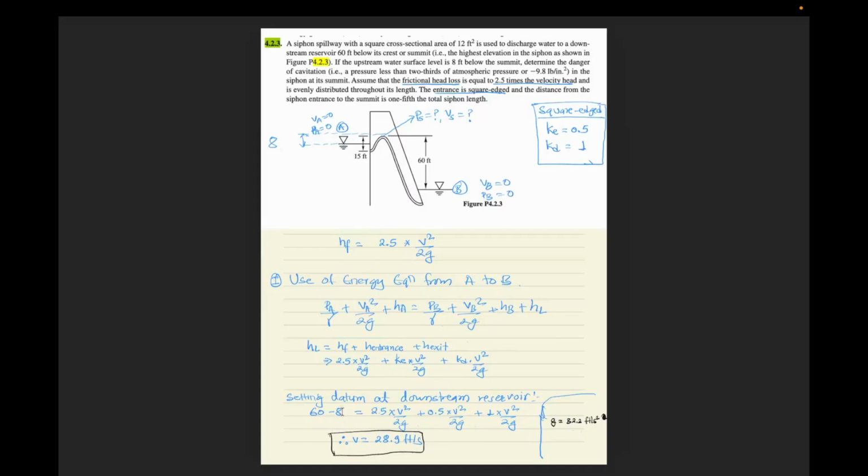And I also want to emphasize this: it will be 60 minus 8, because we solved this problem by setting datum at this downstream, which will be equal to 52 feet. Now since we have V, we can use that in the siphon, and from that we can compute pressure.